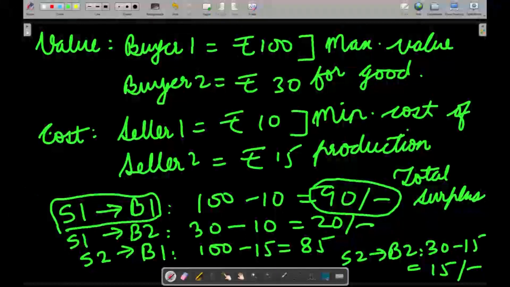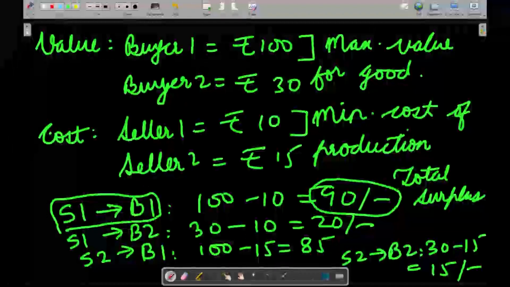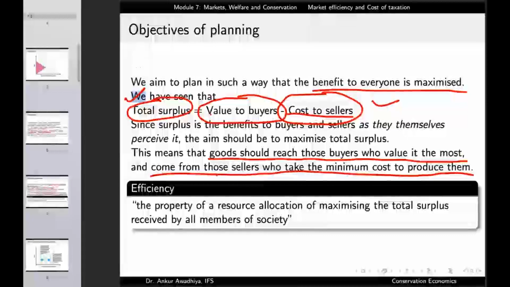In other cases, the total surplus is just 20 rupees or 85 rupees or 15 rupees. So to maximize the total surplus, the goods should reach those buyers who value it the most and should come from those sellers who take the minimum cost to produce them. In that case, the total surplus is maximized, and that is one aim of planning, to maximize the total surplus or the welfare of the society.